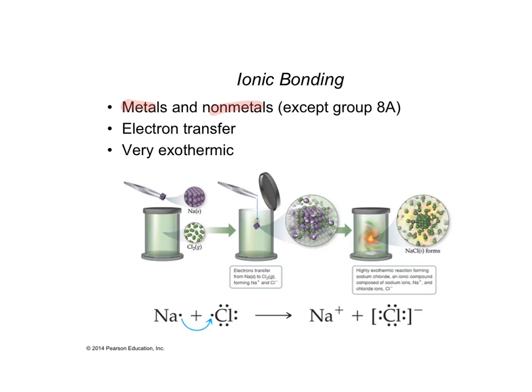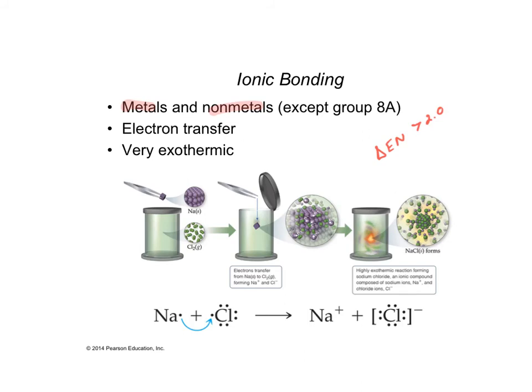If I had an ionic bond, what would my difference in electronegativity be? This is going to be a difference in electronegativity greater than 2.0 using our electronegativity scale in our textbook or in this slideshow.